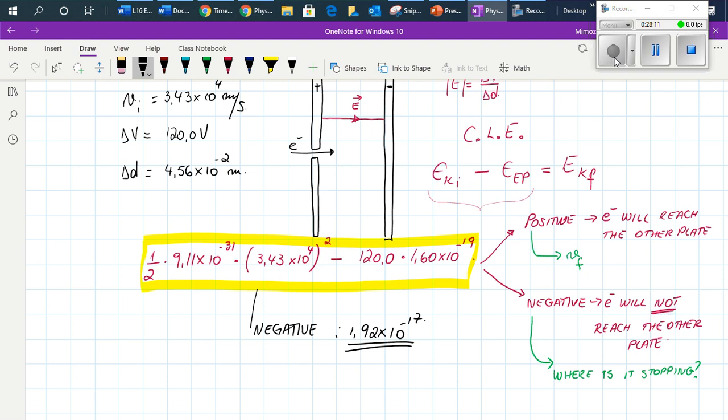This means that the path the electron is taking is something like this. It is moving toward the negative plate, and then at a certain point it stops. So this will be the path of the particle.